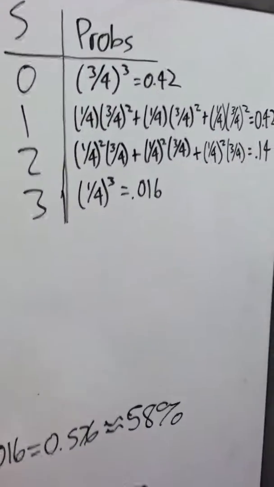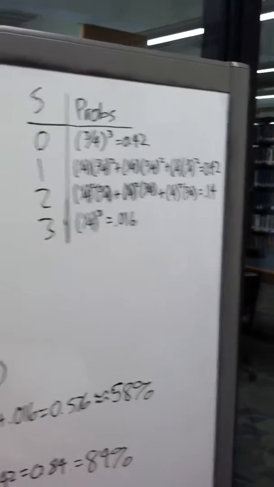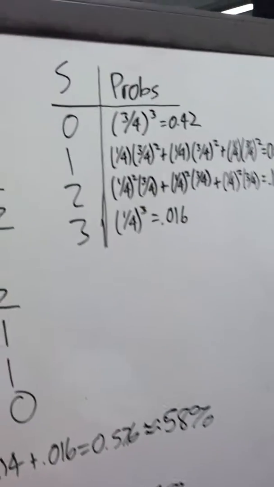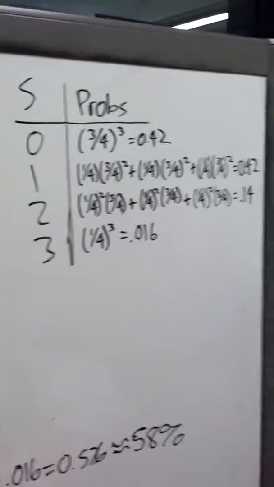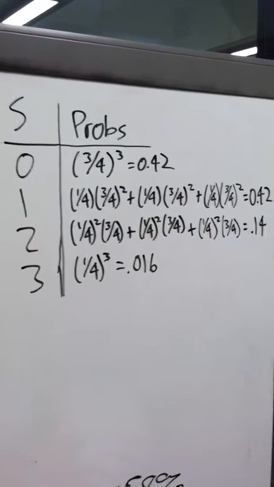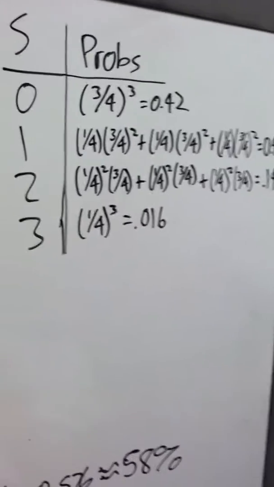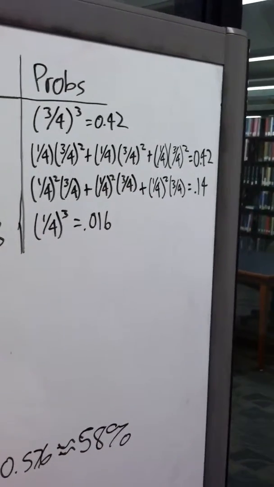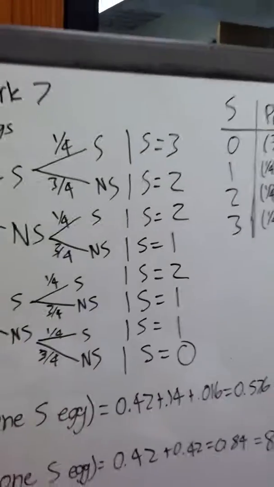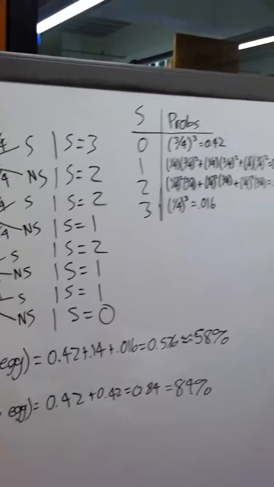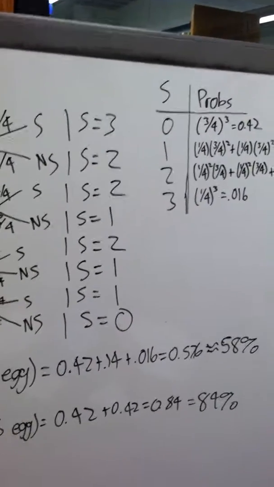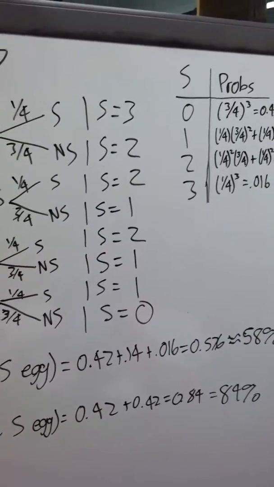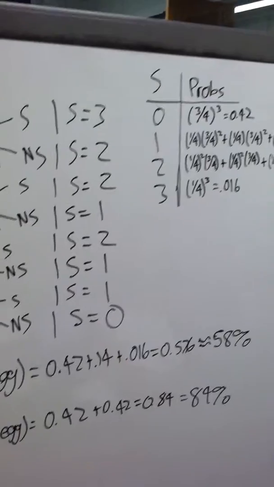And if you go down to the second, to find the probability of 2 salmonella eggs in the quiche, we would multiply 1/4 squared times 3/4, and we would add that twice, because again there are 3 instances where there are 2 salmonella eggs in the quiche.